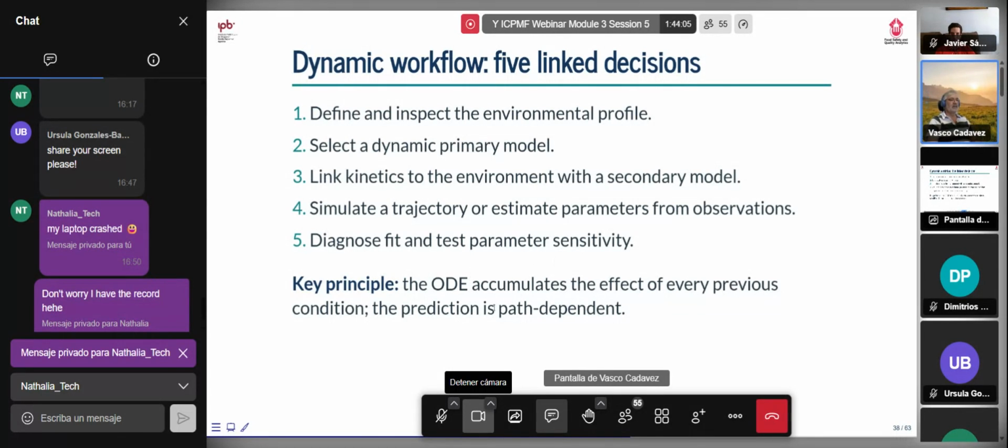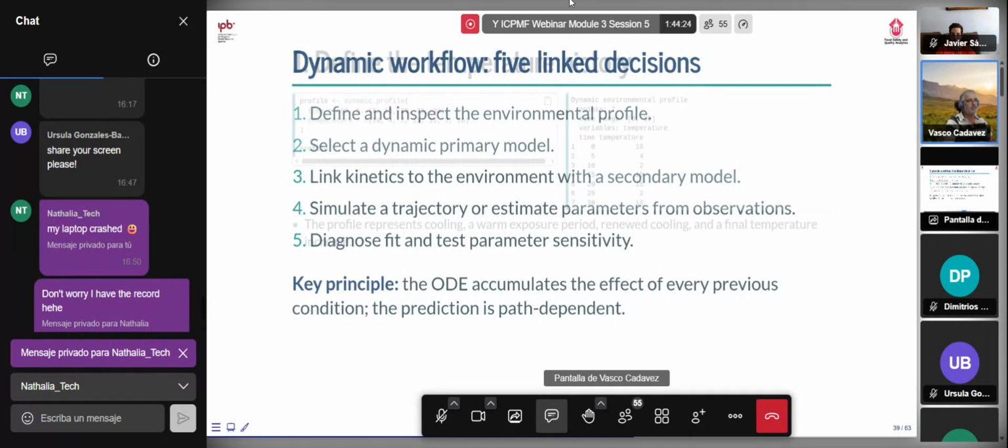So in this case, the ODEs are important. You need to use them, and they will accumulate the effect of the previous conditions. So we start at time zero, and then these differential equations help us to accumulate a long time.